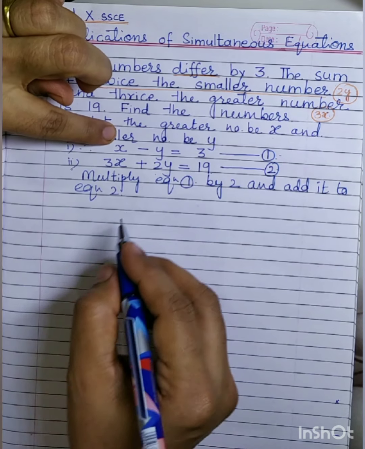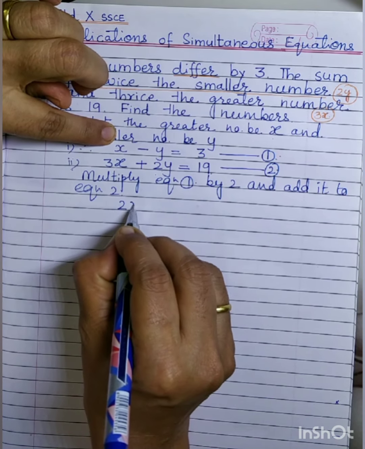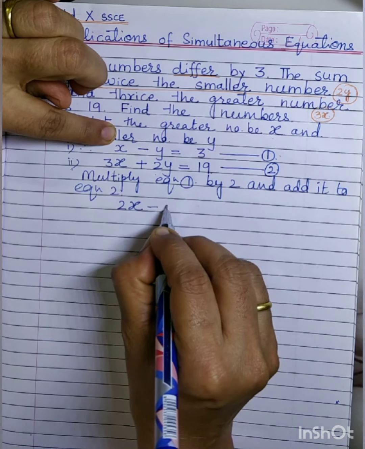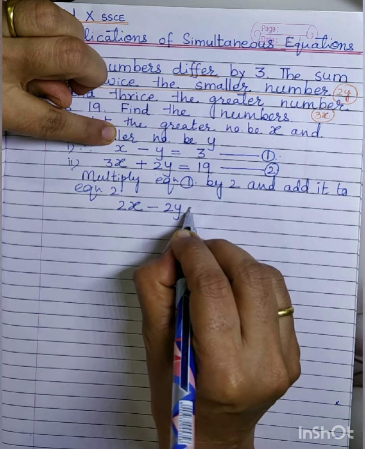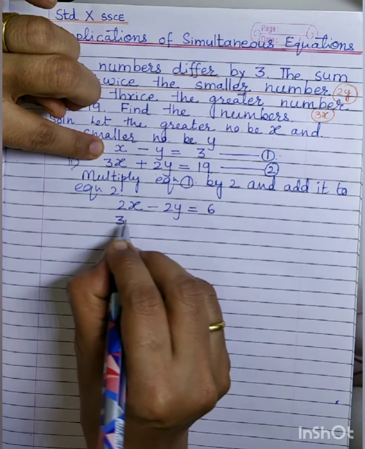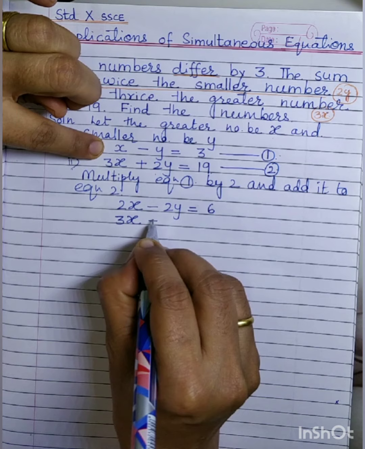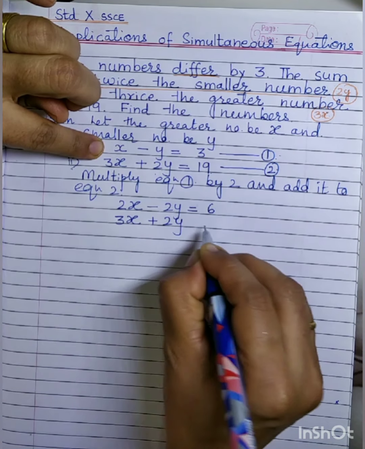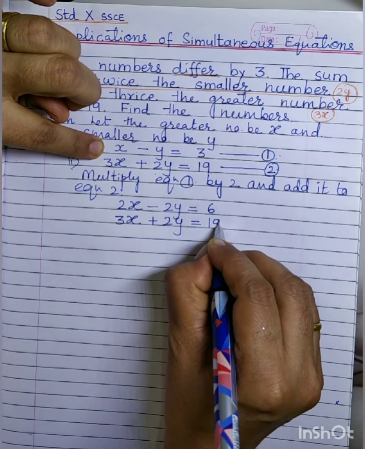So on multiplying by 2, what will you get? 2x minus 2y is equal to 6. Our second equation is 3x plus 2y is equal to 19.